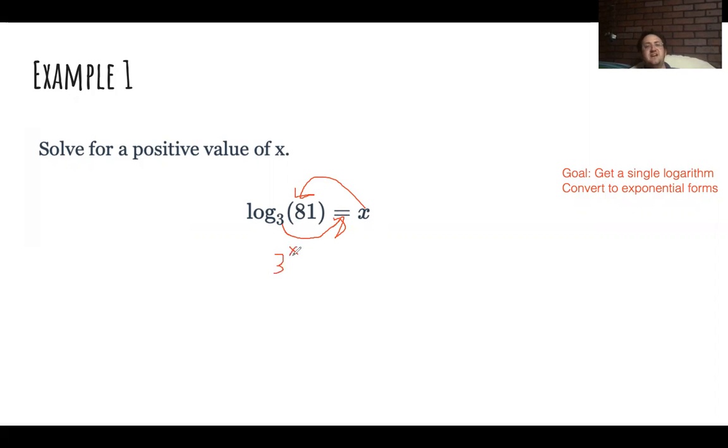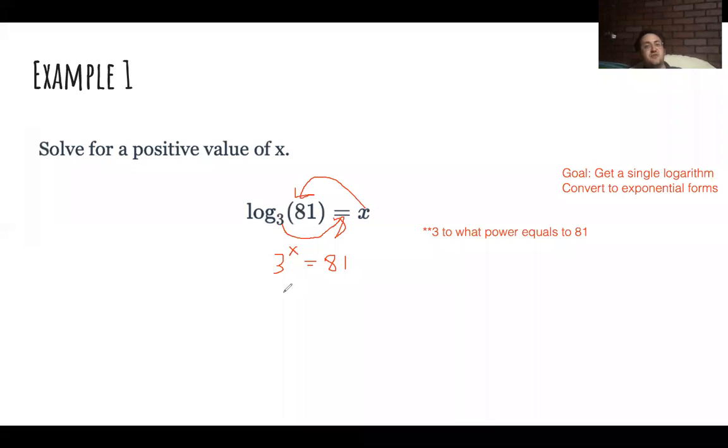So if you write this as 3 to the x equals 81, you could ask yourself, 3 to what power equals 81? And 3 times 3 is 9, times 9 again. So it's 3 to the third power.